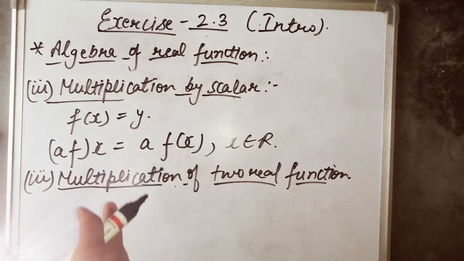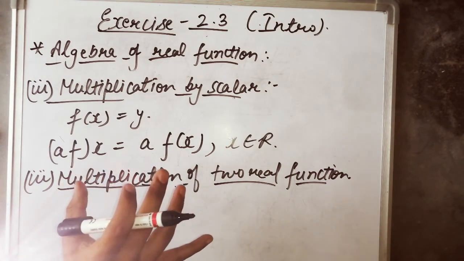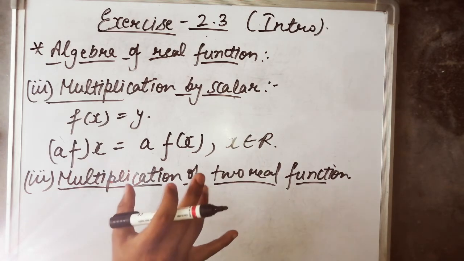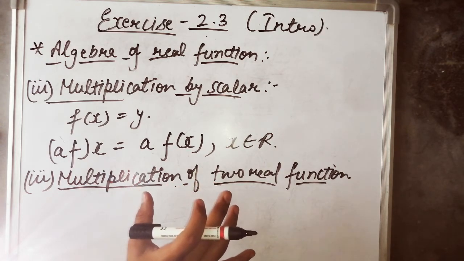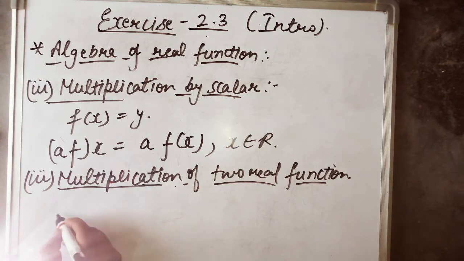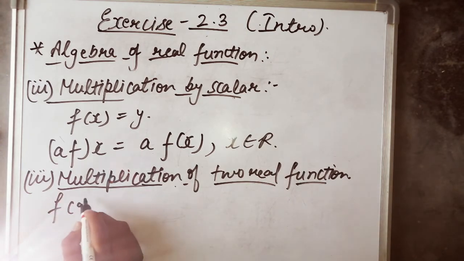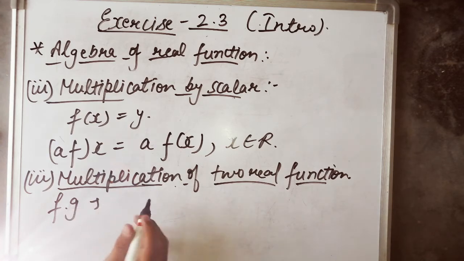The product of two real functions f and g, defined on x to the real numbers, is a function defined on fg.